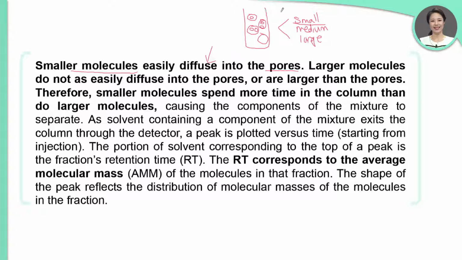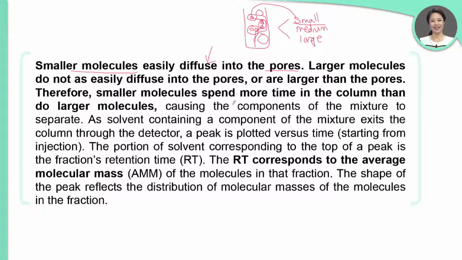The small molecule is small enough to diffuse into the pores, so pore number 1, number 2, number 3, number 4, and then exit the column. So it would take more time to exit the column because it would diffuse easily compared to medium and large. But the large one is too large to get into the pores, so it would just exit right away. That's why you use SEC to separate the molecules.